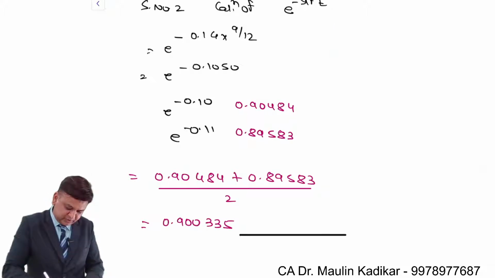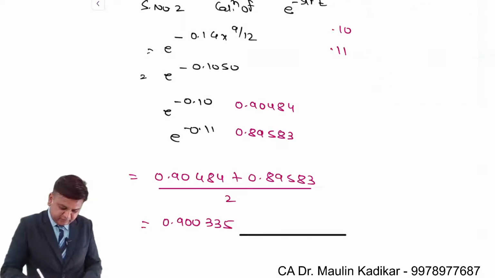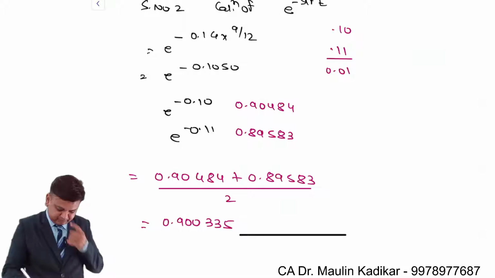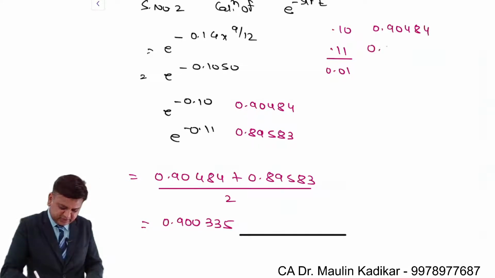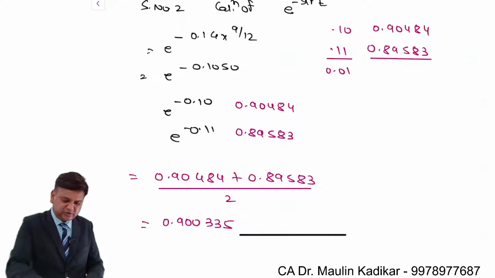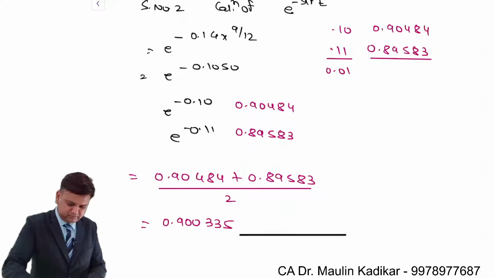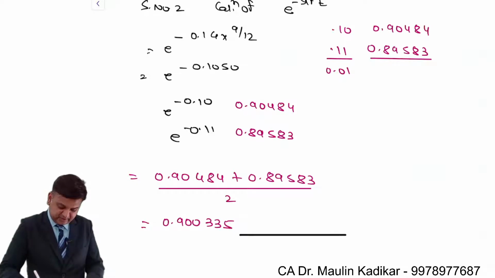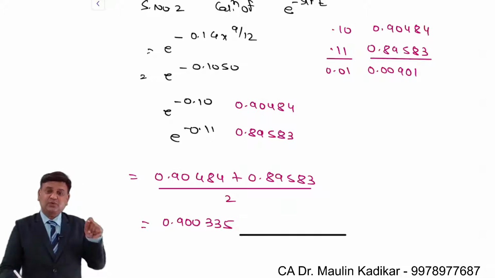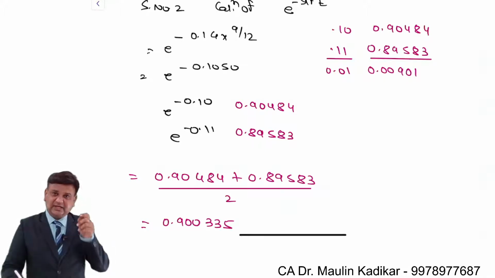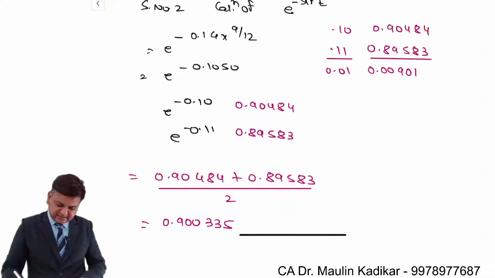See, if you do interpolation, 0.10 and 0.11 have a difference of 0.01. This is 0.90484 and this is 0.89583. First of all, we compute the difference of both of them. It is 0.00901. Now it is 0.1050, so exactly it is half.